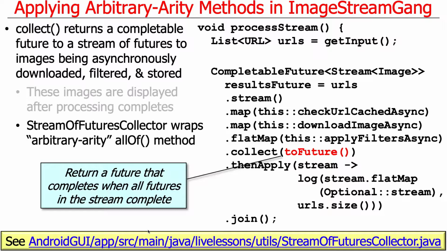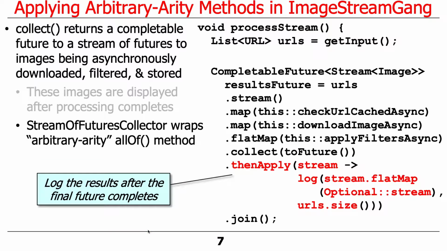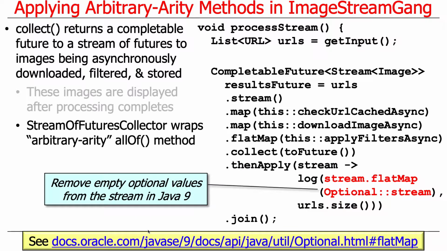So you can take a look at the code. We'll look through the code here in a second. Once that single completable future completes, then we wrap everything up. For the stream of results coming out of this, we're going to get rid of everything that's empty and then go ahead and log the result.